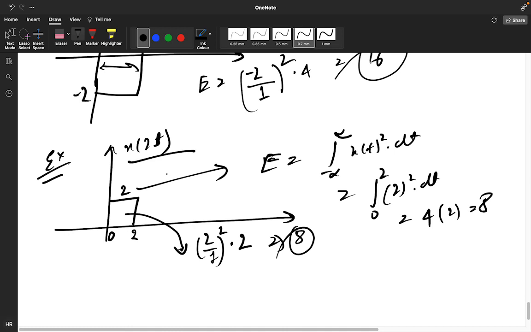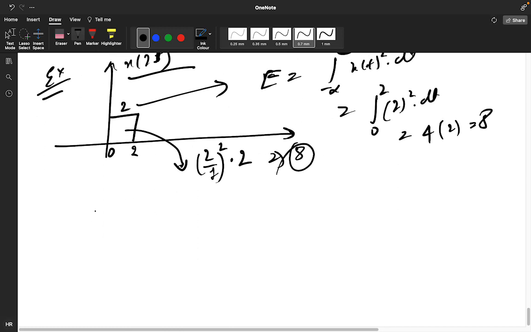So what you understood? For time scaling, energy will be divided by A. So if x of t has an energy E, then what will be the energy of x of at?